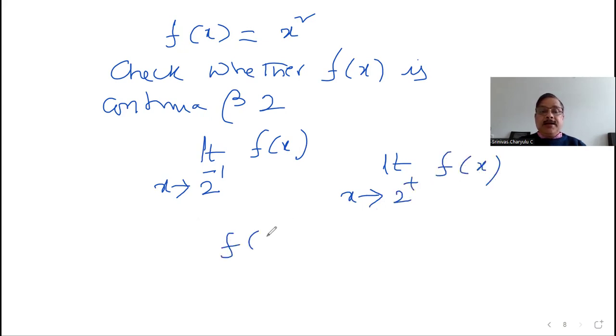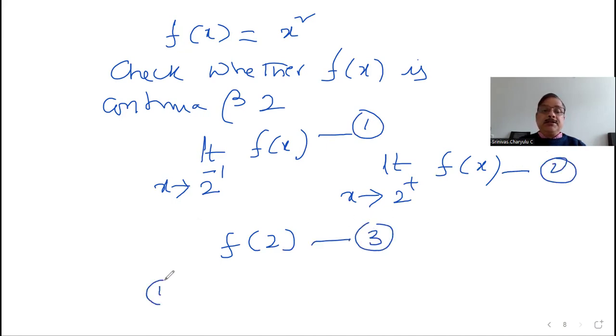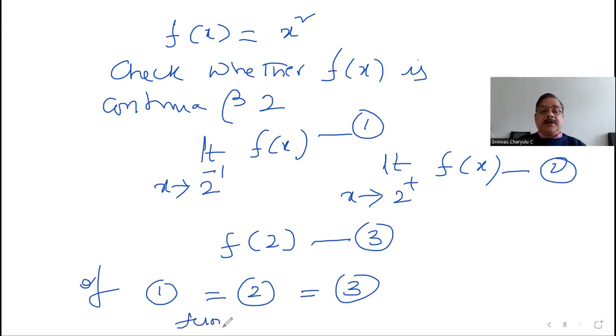Then I will directly substitute 2 in the given equation, f of x is equal to x square. So this is my first equation, this is my second equation, and this is my third equation. If all these equations give me the same value, then the function is continuous.